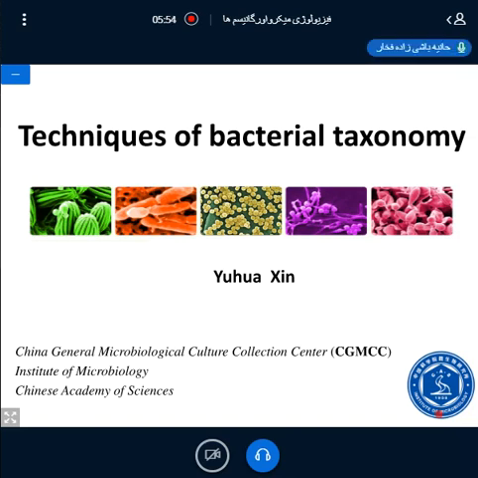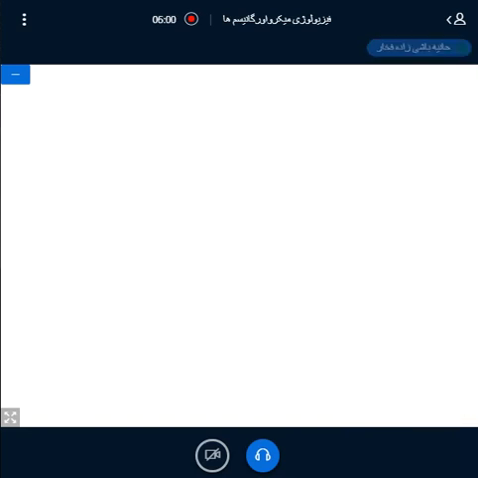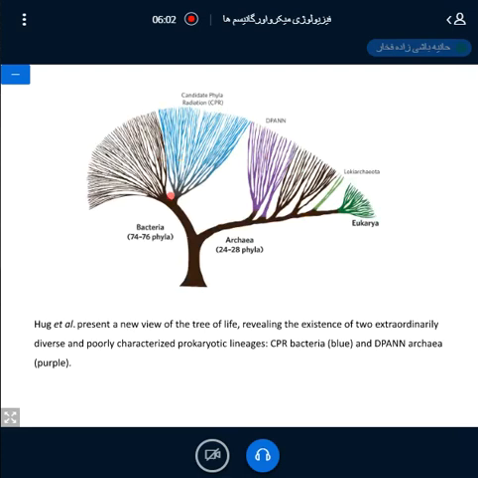We want to speak today about techniques of bacterial taxonomy. This is the classification of bacteria. We have three basic domains: eukaryote, archaea, and bacteria.